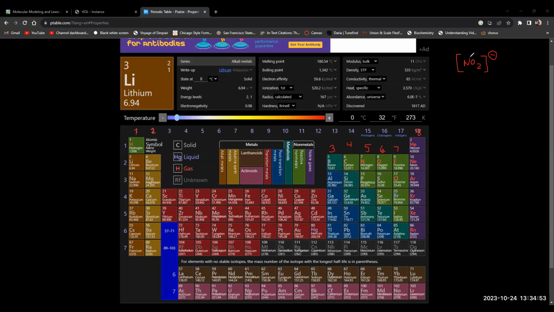So nitrogen, let's add up our electrons. Nitrogen has 5. Oxygen by now we should know has 6. And there's 2 of them. And now this electron is going to add on to the total amount that we have.